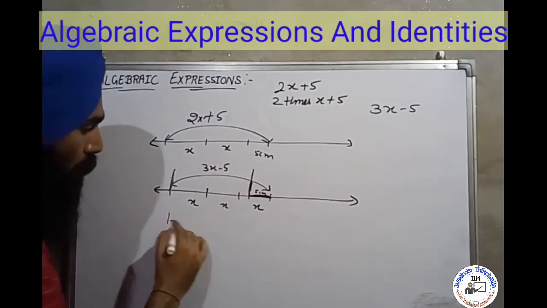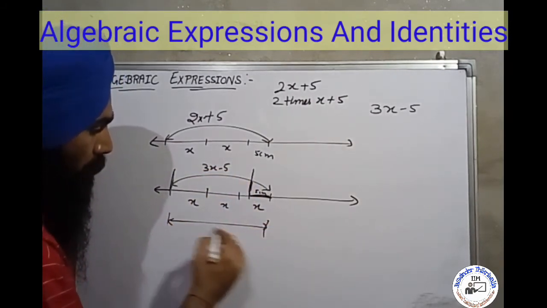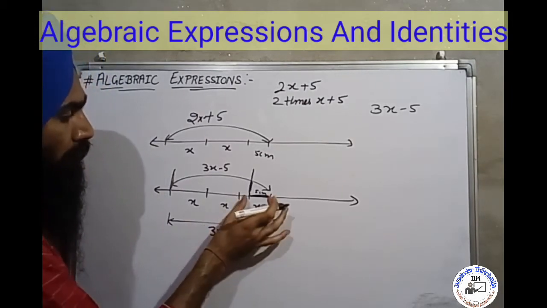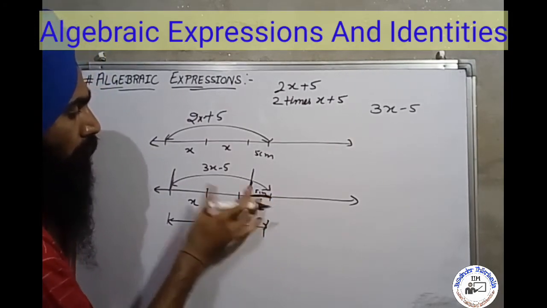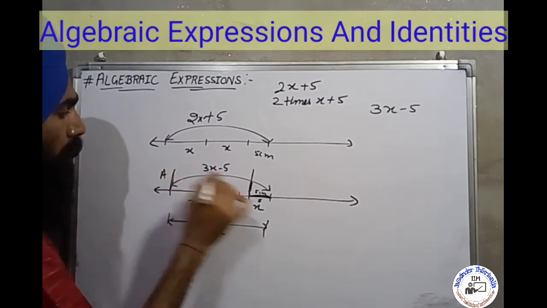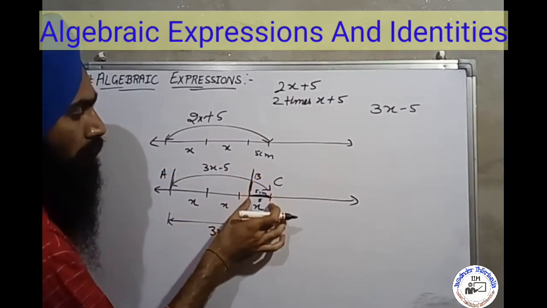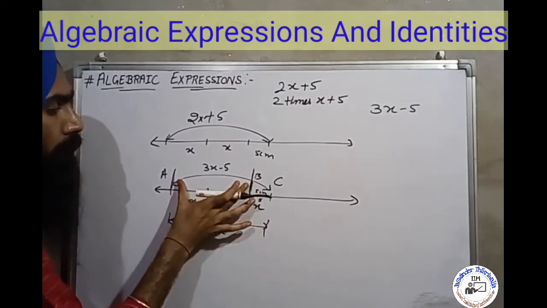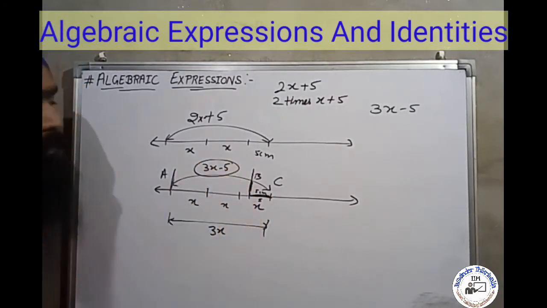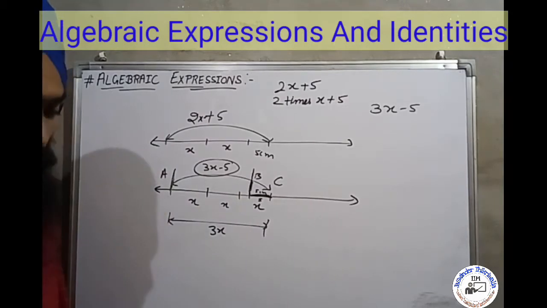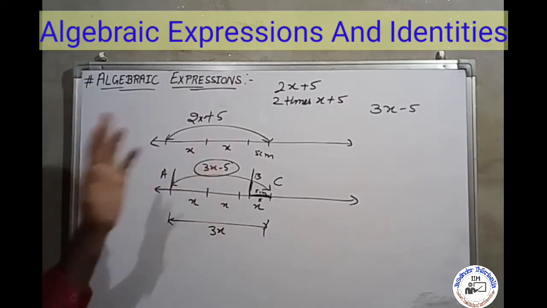Because the total length was 3x. This AC is 3x. From AC you subtracted BC, 5 centimeters. So what is left is AB, and AB is 3x minus 5. In this way, you can represent an expression on a number line.